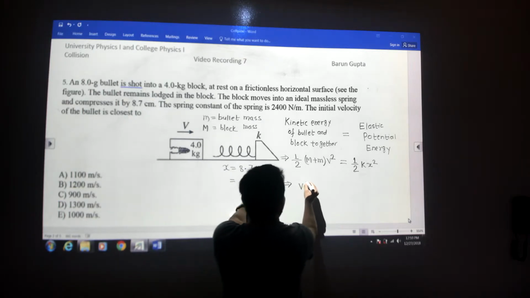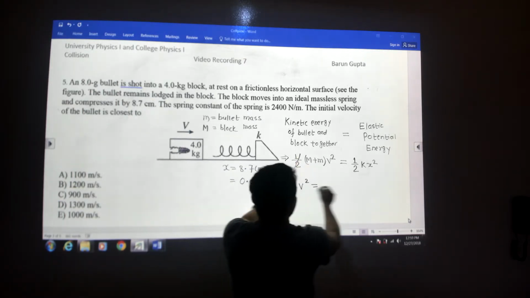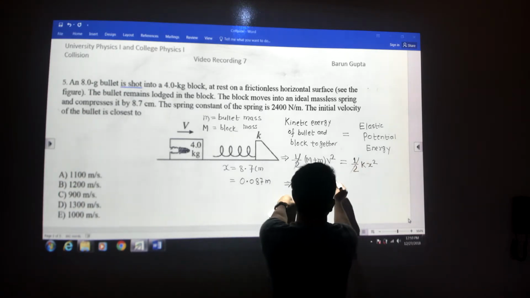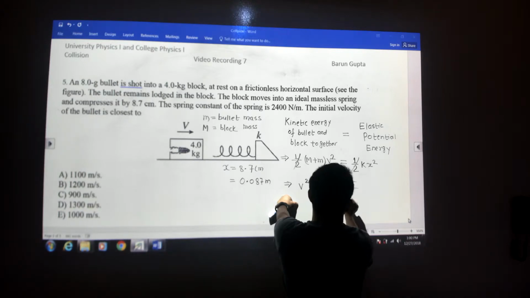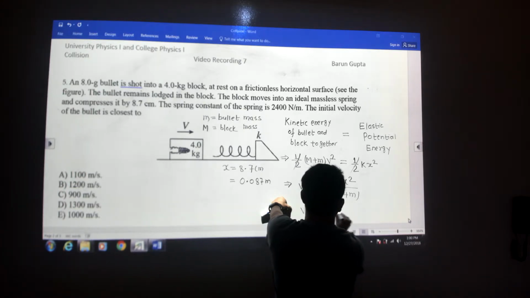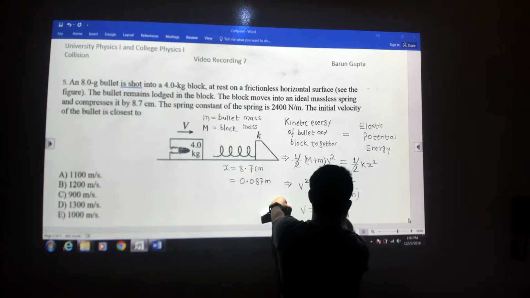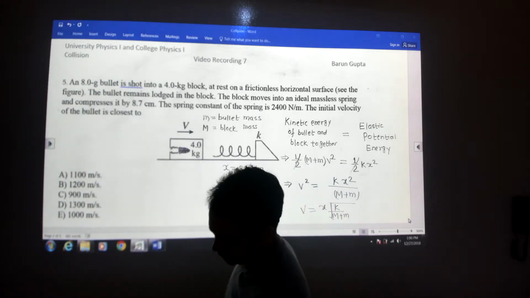The v squared is equal to, half cancels out, so you have k x squared divided by (m plus M). So v is equal to the square root of k divided by (m plus M), times x, and just plug in all the numbers here.